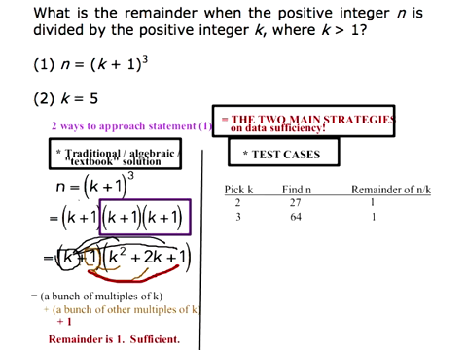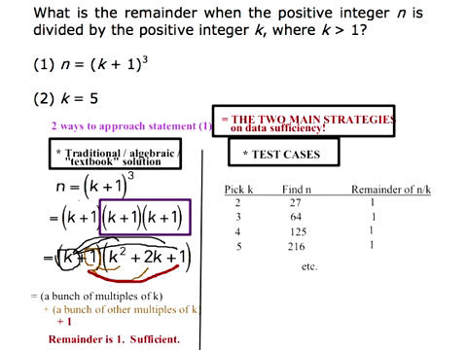When k is 4, it's 5 cubed. 4 goes into 100 plus 24, so it goes into 124, and the remainder is still 1. If k is 5, then it's 6 cubed, which is 216. The remainder is 1 again, because 215 is clearly a multiple of 5.